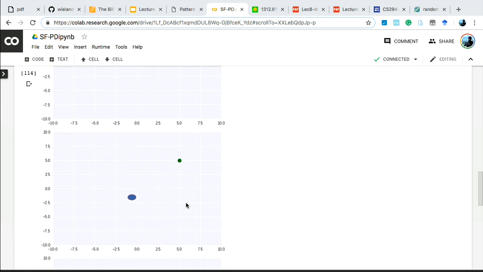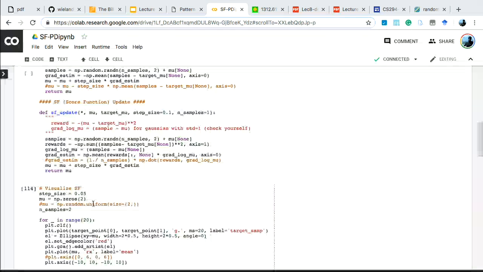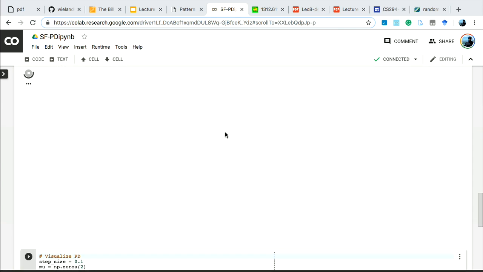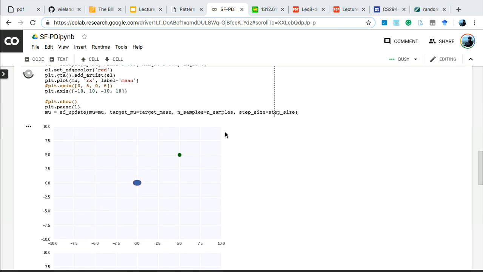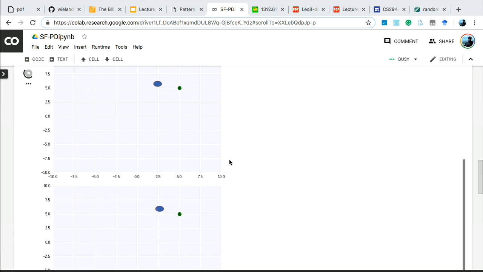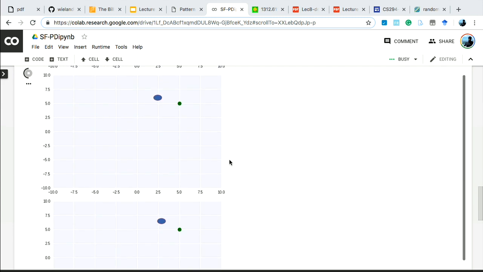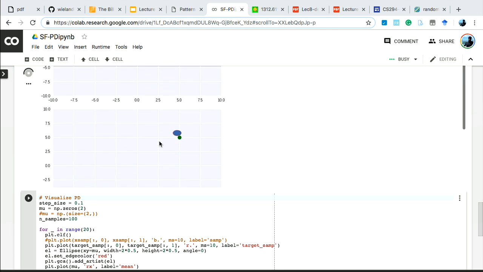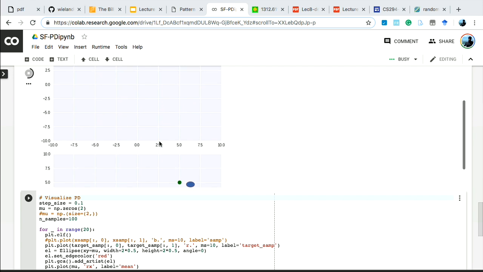So what happens if you just use, for instance, one sample? Let's wait for it. Yeah, so it does sometimes work, then it gets away. So it's pretty unreliable.